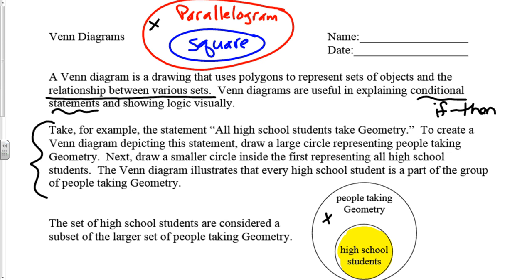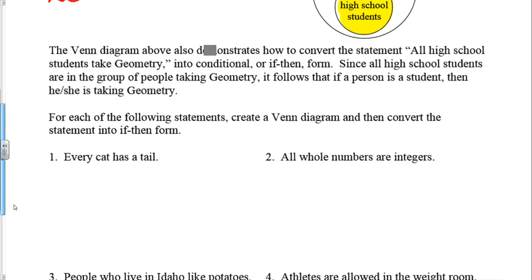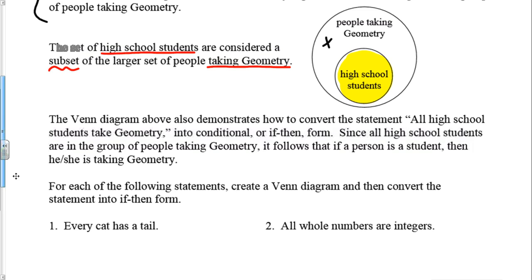So the small circle represents the all, and the big circle represents what they all do. So we have a subset right here. The set of high school students is a subset of the people taking geometry. It's a set within a set. When we read this Venn diagram, typically we say, all high school students take geometry.